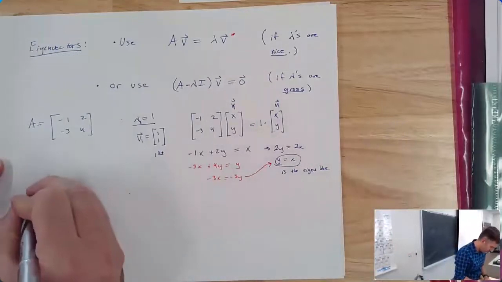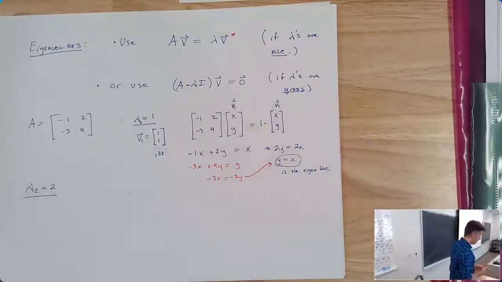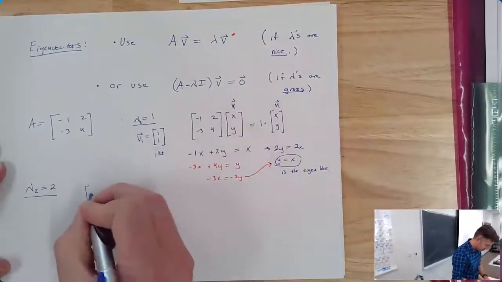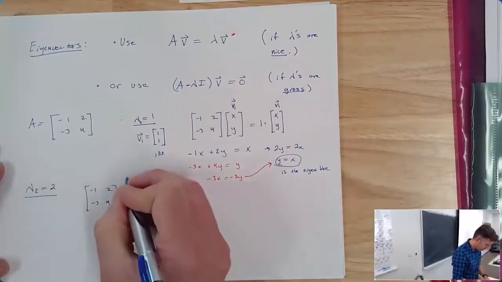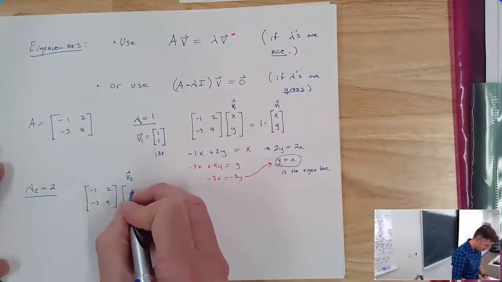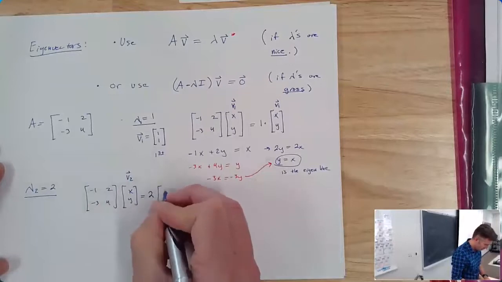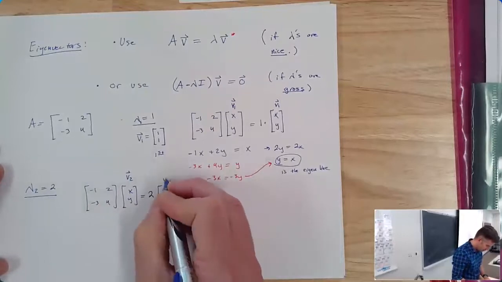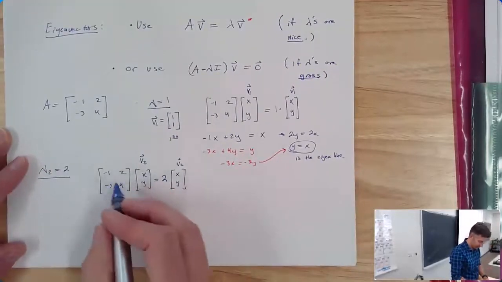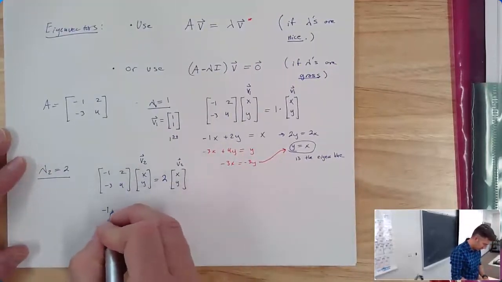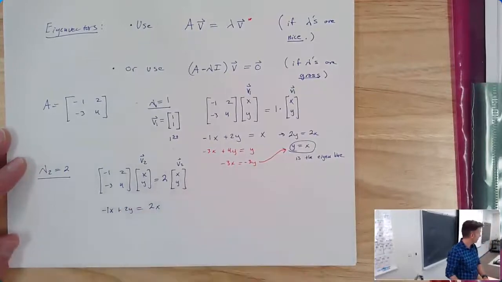So for the second eigenvalue, which was positive 2, we're going to do the same sort of calculation. We're going to take our matrix, negative 1, 2, negative 3, 4. We're going to multiply it by the unknown eigenvector v2 equal to 2 times the unknown eigenvector. And again, we're going to solve for x and y. So let's see. Looking at the first equation, negative 1 times x plus 2 times y now equals 2 times x.